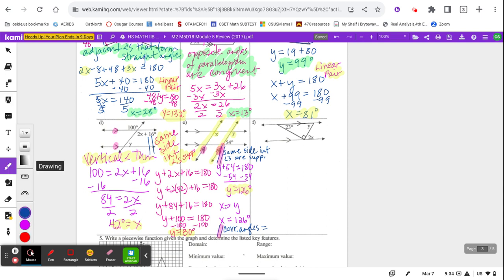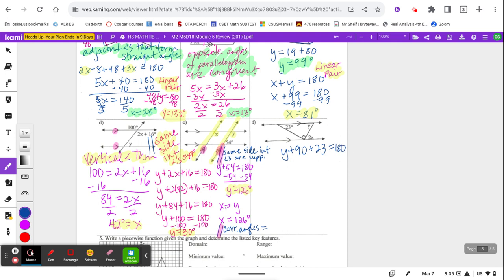All right, last one is over here with a 2x. This 2x is equal to y, these two right here, because alternate interior angles are equal. So I'm going to solve for y first, and then y is just going to be equal to 2x. I'm going to solve for y using triangle sum theorem.